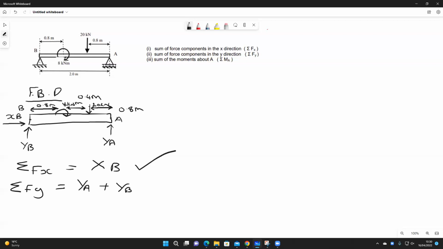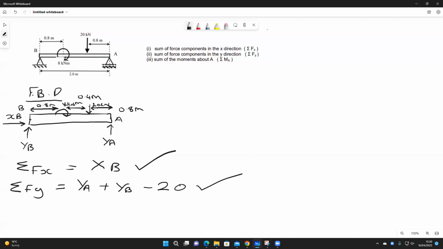And then we look at the other side and we've got a point load acting in the opposite direction, so minus 20. That's then the formula, or graphical representation, of the forces acting in the y direction.